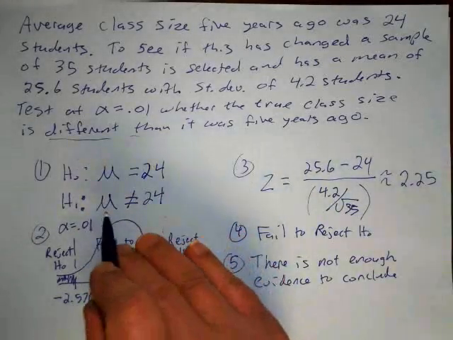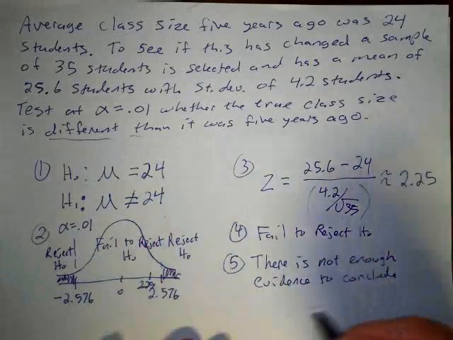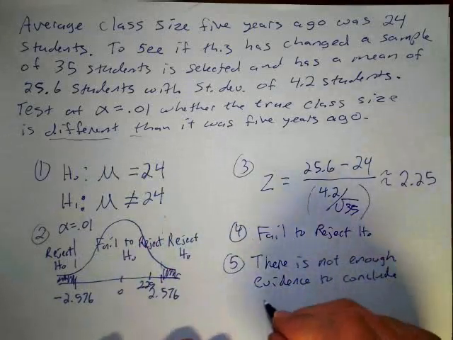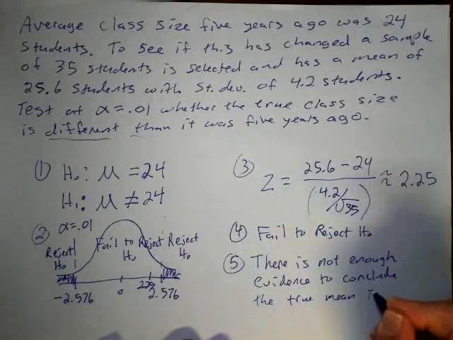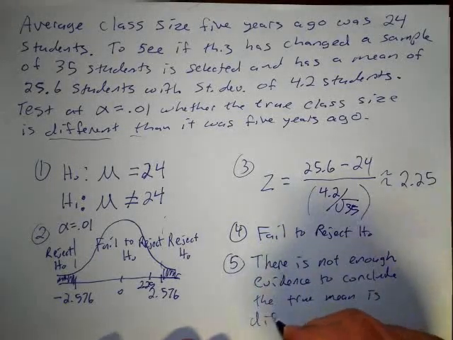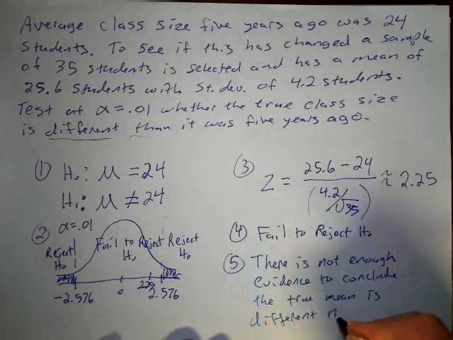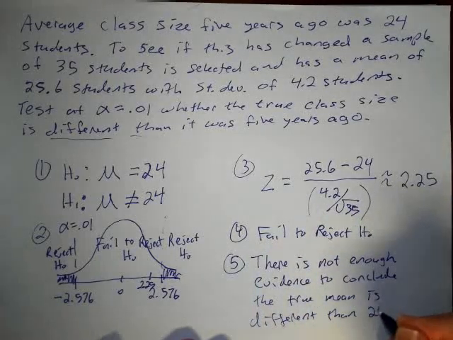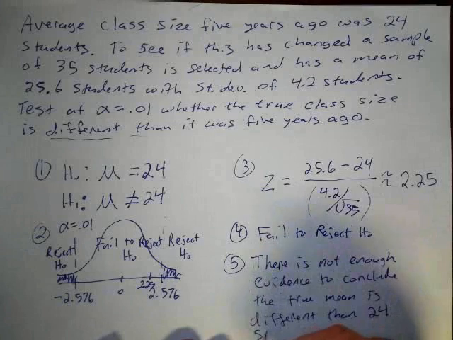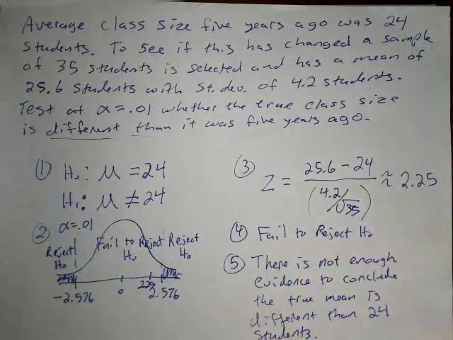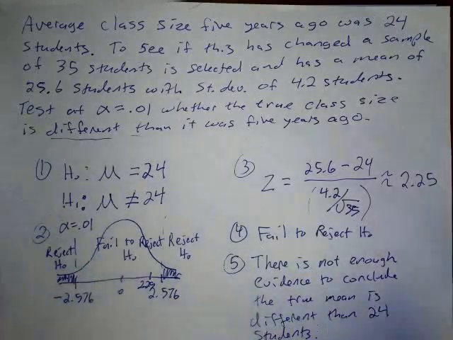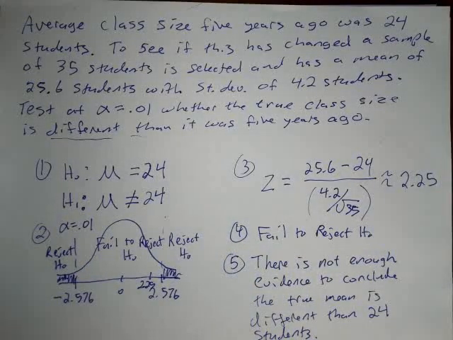And the alternative is saying that the true mean is different than 24. So there is not enough evidence to conclude the true mean is different than 24 students. So in this case, when I drew out this sample and I performed at this significance level, there was not enough evidence to conclude that the class size has changed.